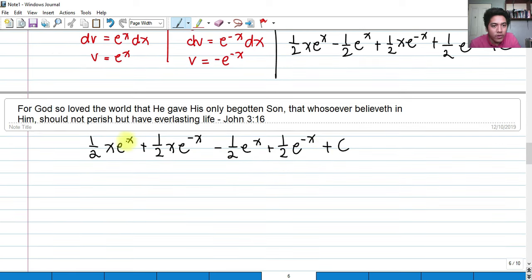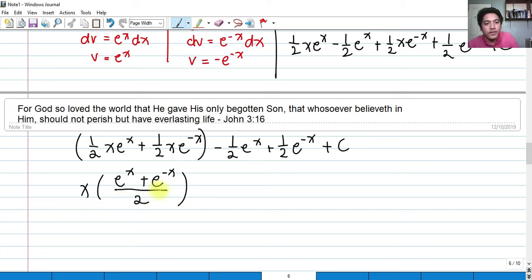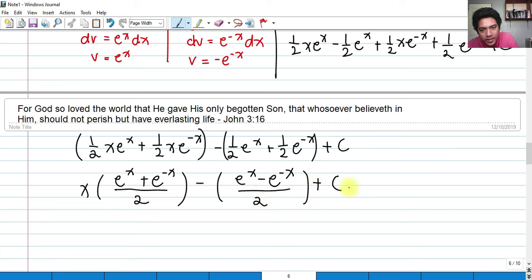And if I'm going to factor out x in these terms, I'll be having x times (e^x plus e^(−x)) over 2, minus, if I'm going to factor out the negative here, we would be having (e^x minus e^(−x)) over 2 plus c.